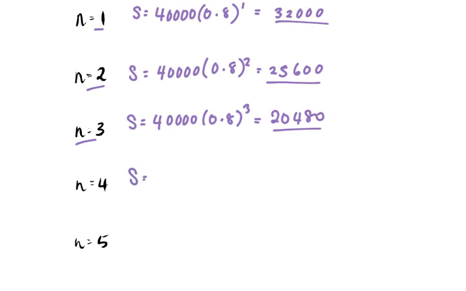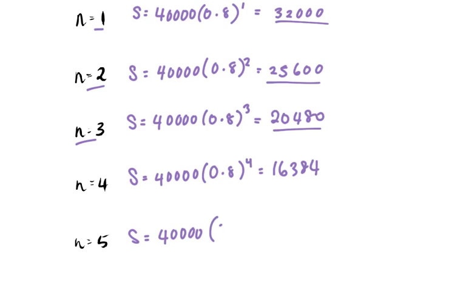After 4 years, S equals 40,000 (0.8) to the power of 4, and that gives me 16,384. And lastly, when N equals 5, S equals 40,000 (0.8) to the power of 5, and that gives me 13,107.20.